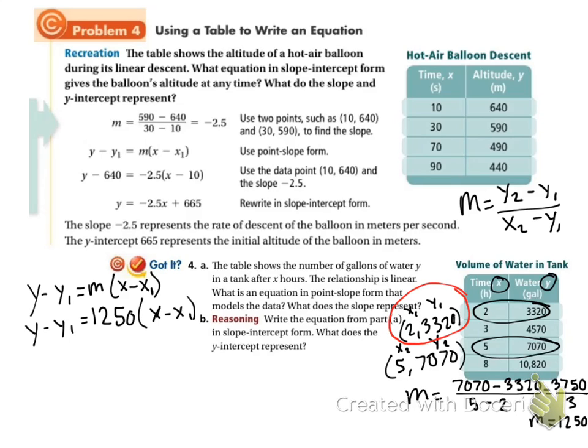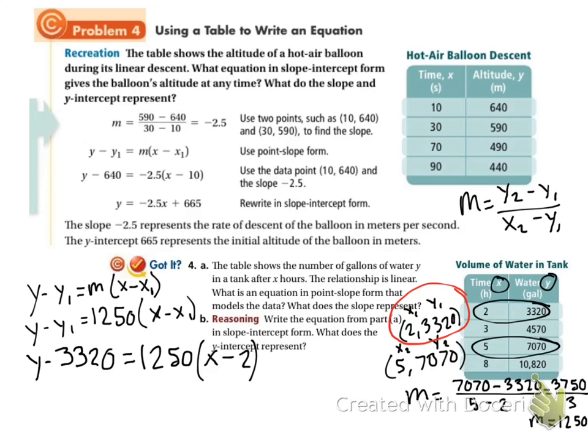So I get y minus, instead of y1, I'm plugging in 3,320 equals 1,250 times x minus, and my x1 is 2. And that would be my equation.